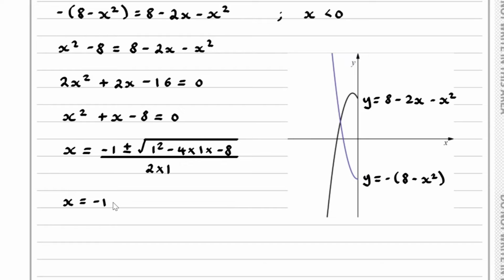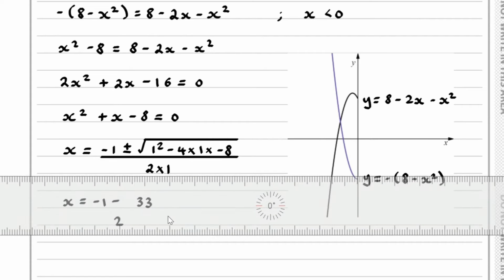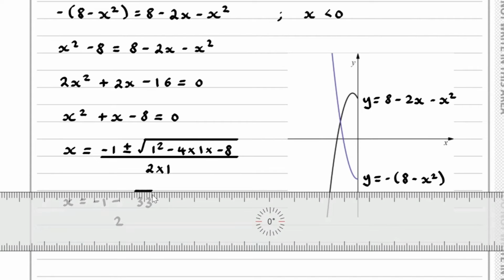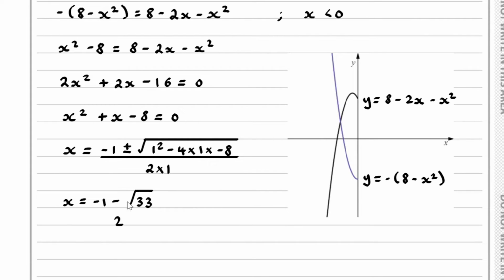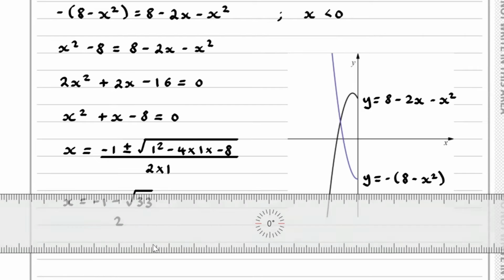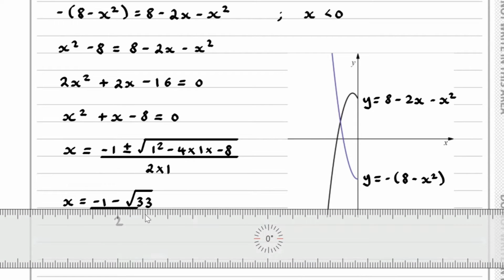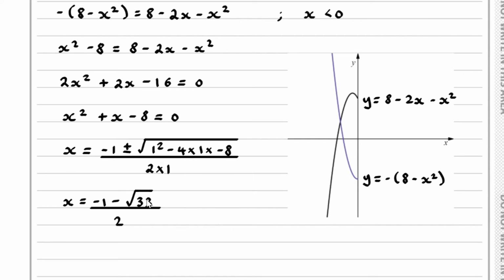Now here we need to take the negative, and that's because of the restriction x is less than 0. And then here we've got 32 plus 1, which is 33. And then we've got the 2 here, so we've got x equals minus 1 minus the square root of 33 over 2.